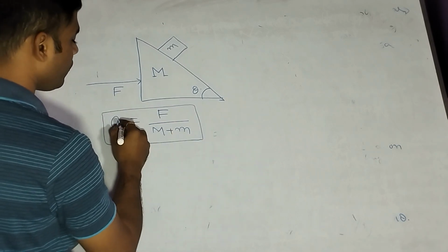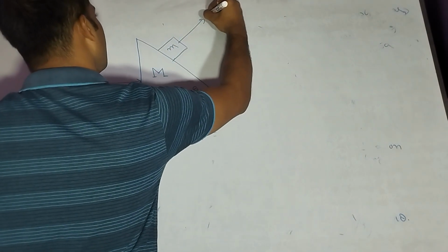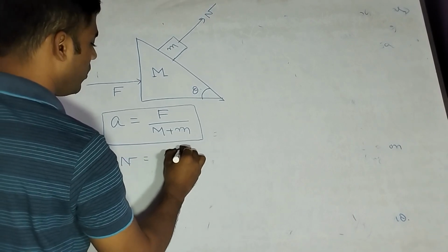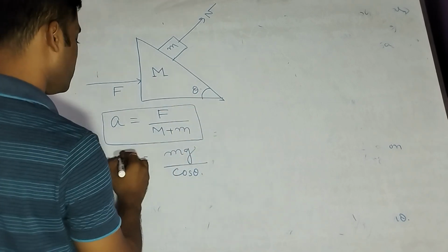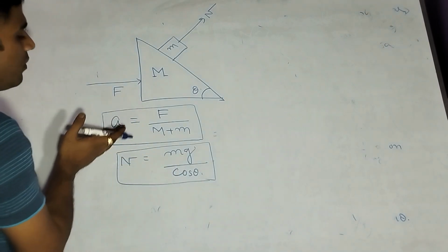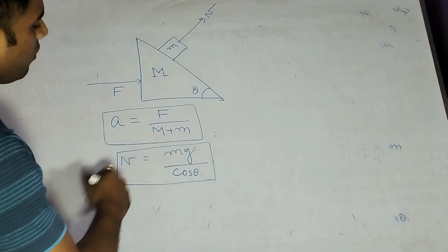Next, the normal reaction on the body. The normal reaction on the body, the n value is also given, direct equation: n is equal to mg by cos theta. If the diagram is given in this style, with this procedure, then the question has acceleration also given, and the n value is also calculated, n is mg by cos theta.